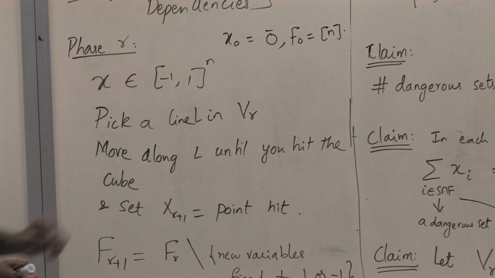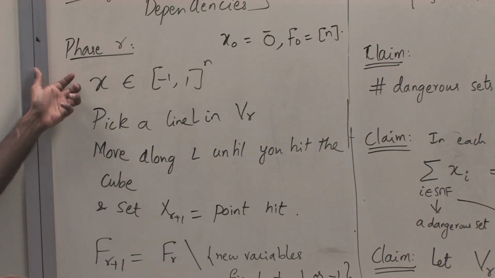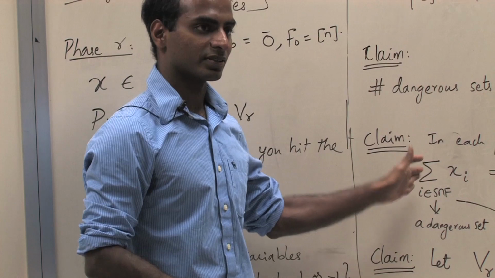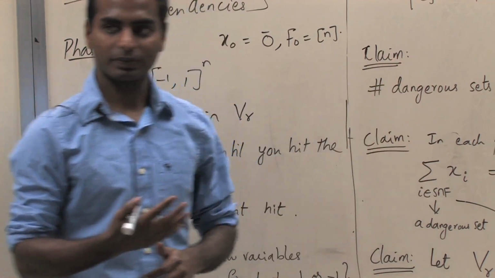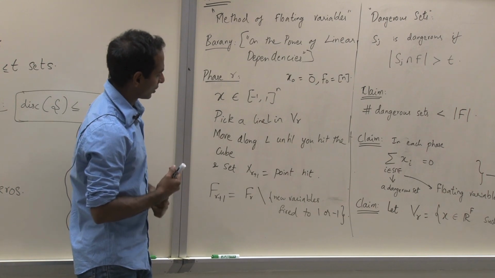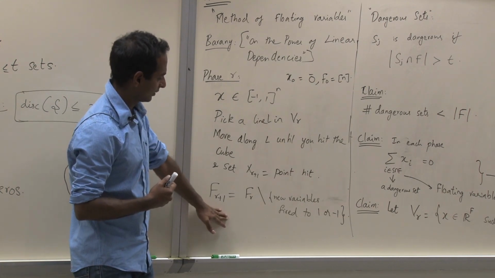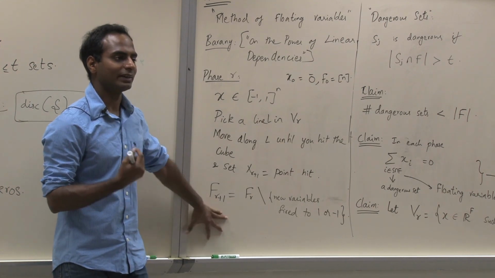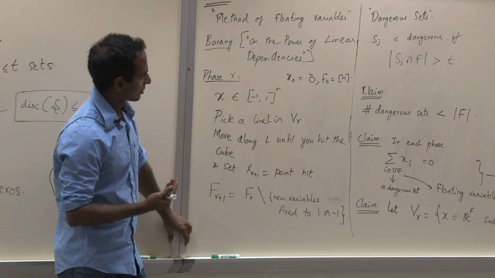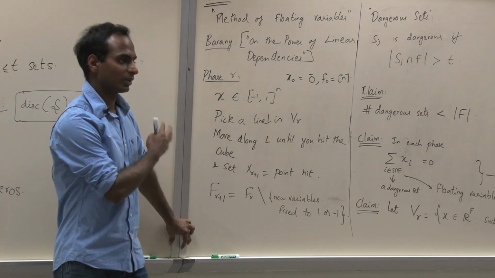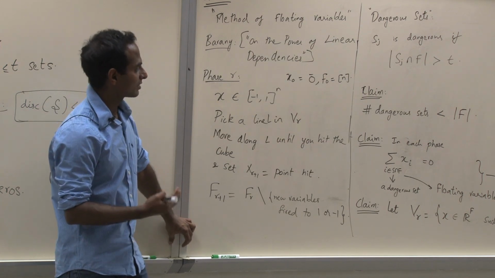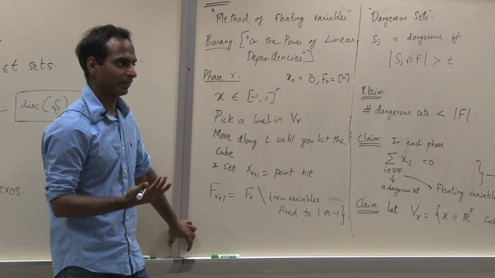Okay, and you go up again. You know that V_{r+1} is non-empty again by the same argument, and you repeat. At each step, you are decreasing the number of floating variables by at least 1. So you should eventually decrease it to the empty set. And what happens when the set of floating variables is empty?